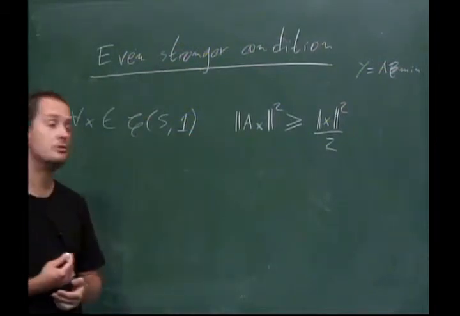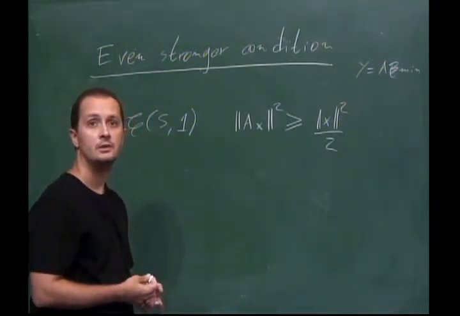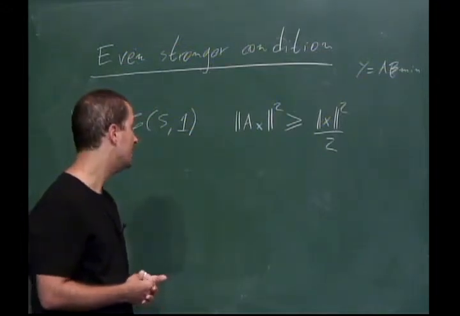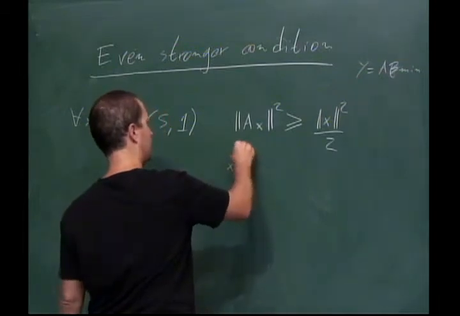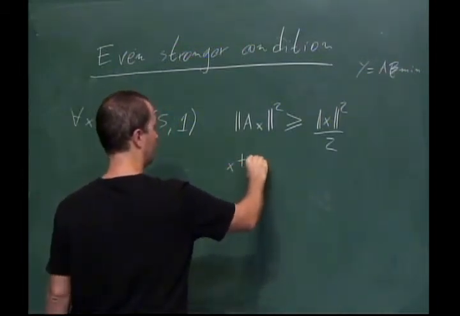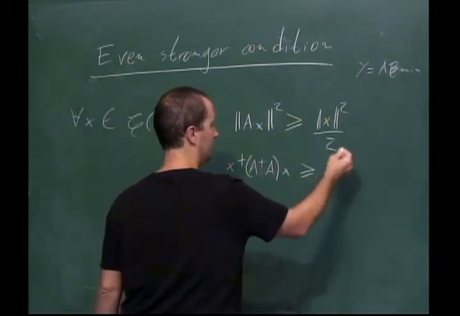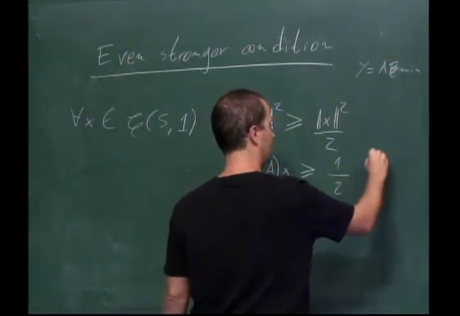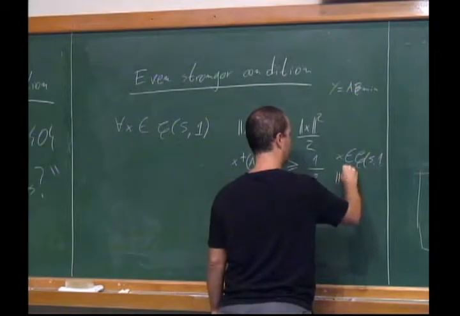So you can actually try to think how you could prove this. And I guess that by now the idea should be that somehow we can rewrite this as x inner product A transpose A x is larger than 1/2 whenever x belongs to C S1 and the norm of x is 1.